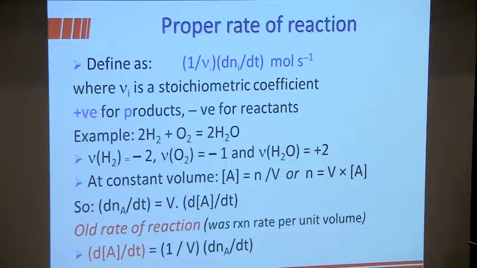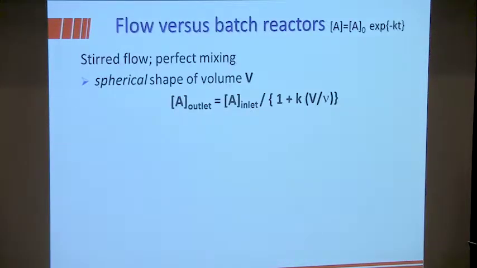We were assuming that the volume was 1, always, just to keep it simple. So the change in concentration with respect to time is 1 over volume times the change in number of moles with respect to time. Just bear that in mind, and if we know that, we can move on.